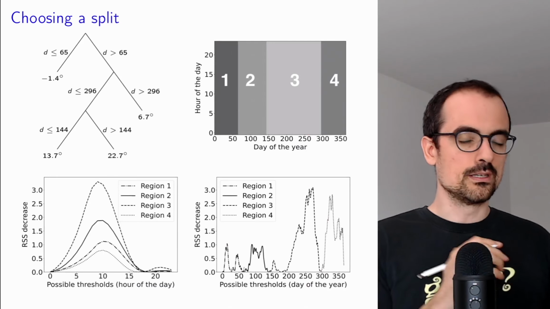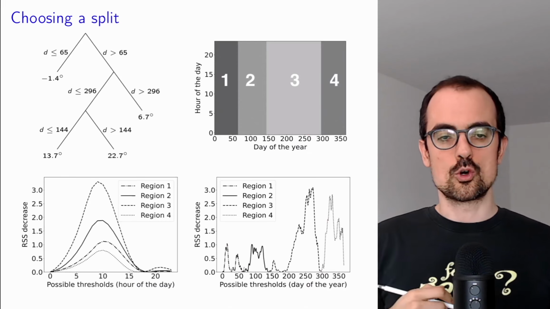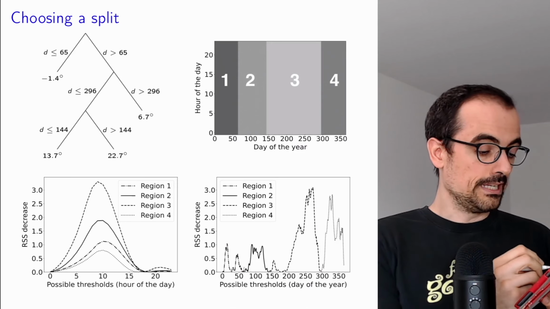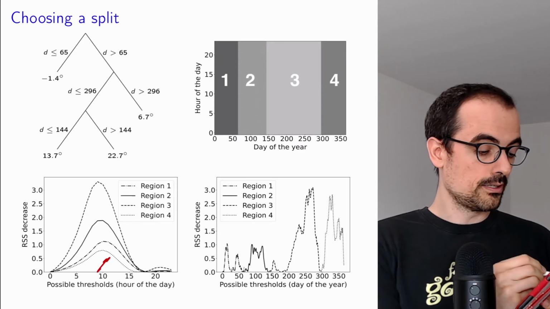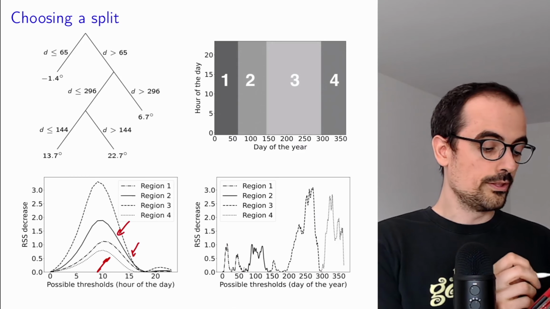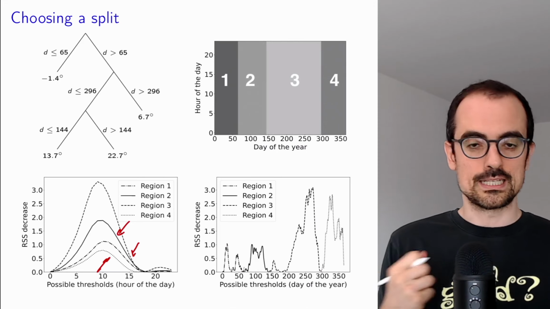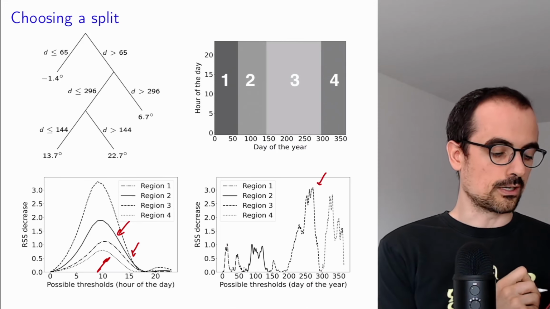So now let's see if we separate the regions according to the hour instead of the day. And what we observe is that if we split region 4, 3, or 2, we don't see a decrease in residual sum of squares that is larger than the one if we split according to the day.